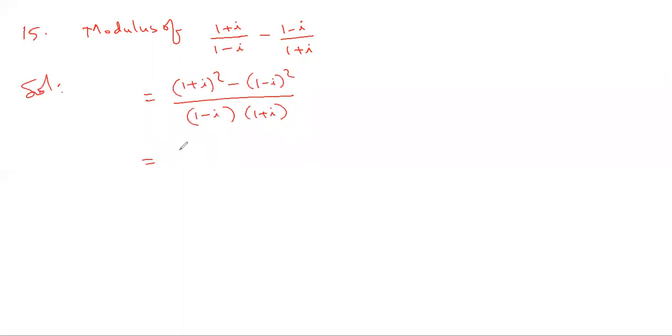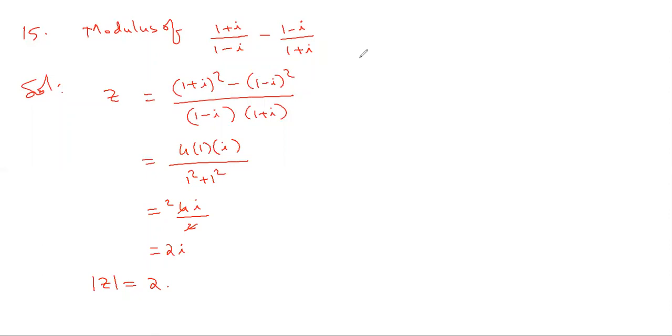What is that? 4ab. 4 into 1 into i by, this is a plus ib into a minus ib, a square plus b square. So 4i by 2, which is equal to 2i. So if you name that as z, we got the mod z equal to 2. That's it.